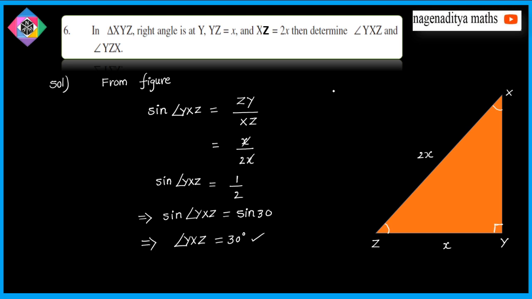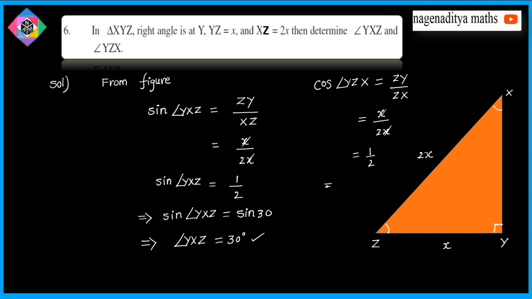From the figure, cos of angle YZX is equal to the adjacent side ZY by the hypotenuse ZX, which is X by 2X. So X cancels here, and this is equal to 1/2.